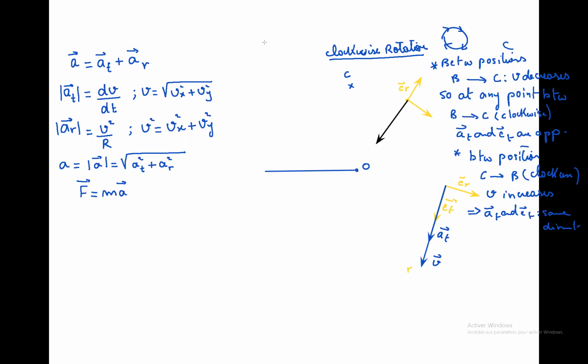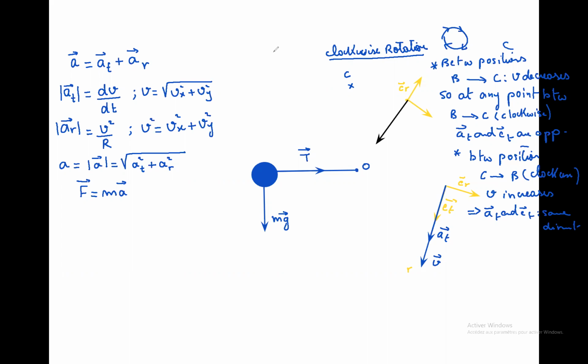Here we have the ball. This ball is like this. And here we have the weight of the ball. And here we have the tension of the ball. So here the tension and the weight.